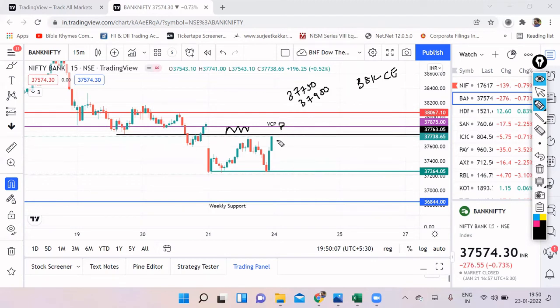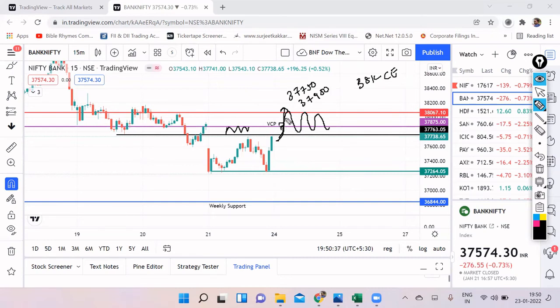If we open flat, I think I will not trade upside till the time we give a strong close above 38,070. So this level. Only when we close above this level strongly can we plan an upside trade. Otherwise, this would become like a no trade zone and the market may hover here like this, and unnecessarily our stop losses would get hit.